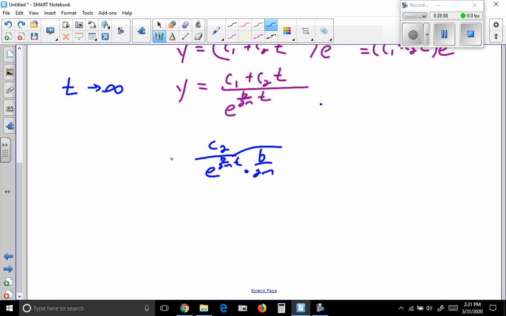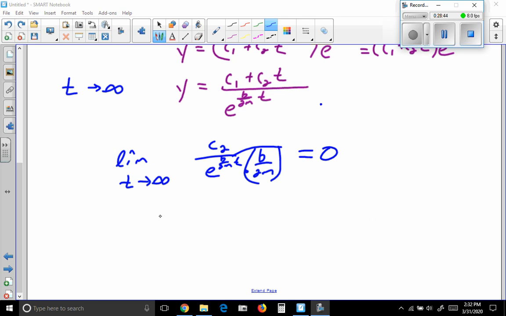If we take the limit as t goes to infinity, the numerator is a constant, but in the denominator t is going to infinity, so e to the infinity is infinitely big. Infinity times a positive constant is infinity. A constant divided by infinity goes to 0. So just like the overdamped and underdamped situations, all of those are going to 0.